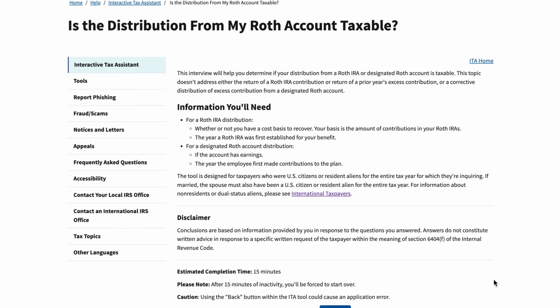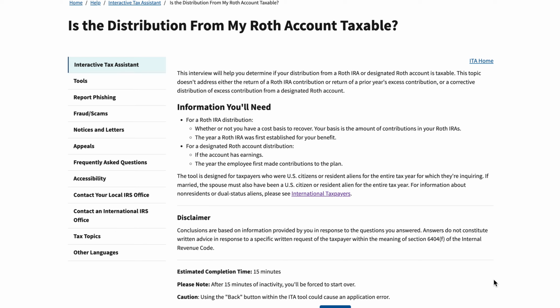So you do need a little bit of information for your Roth IRA distribution. You'll need to know whether or not you have a cost basis. Your cost basis essentially is the amount of your contributions in your Roth IRAs. And then you'll also need to know the first year that a Roth IRA was first established for your benefit.